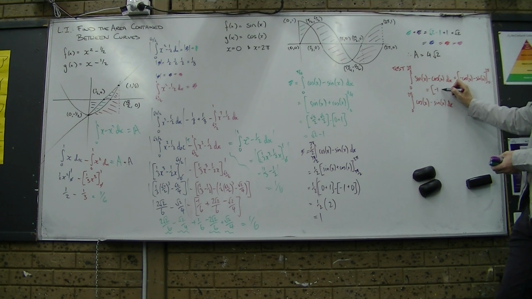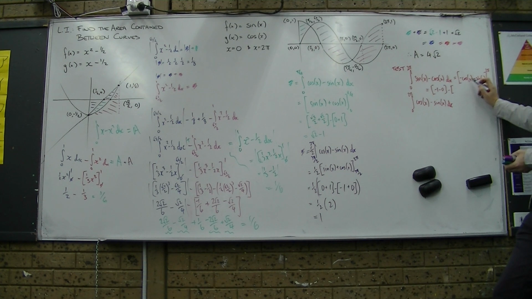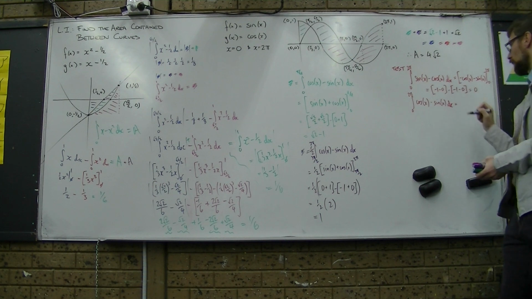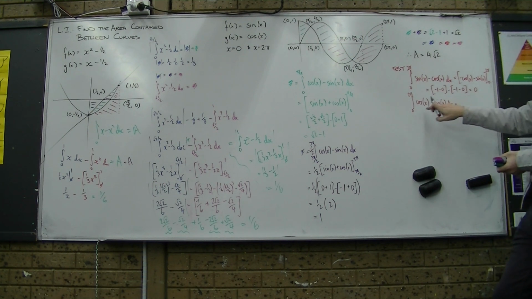Sine of 2 pi, 0, so minus 0. Cos of 0, 1, so I've got negative 1 again. Sine of 0, negative 1 minus negative 1, 0. Right? So that doesn't work.